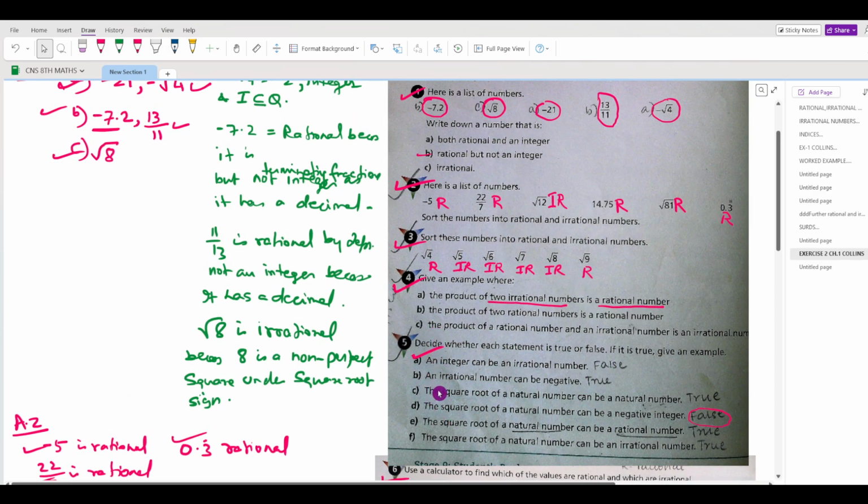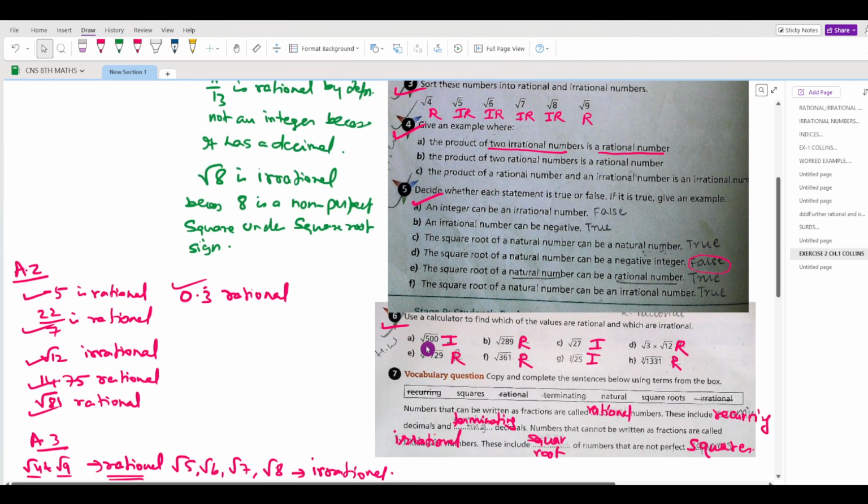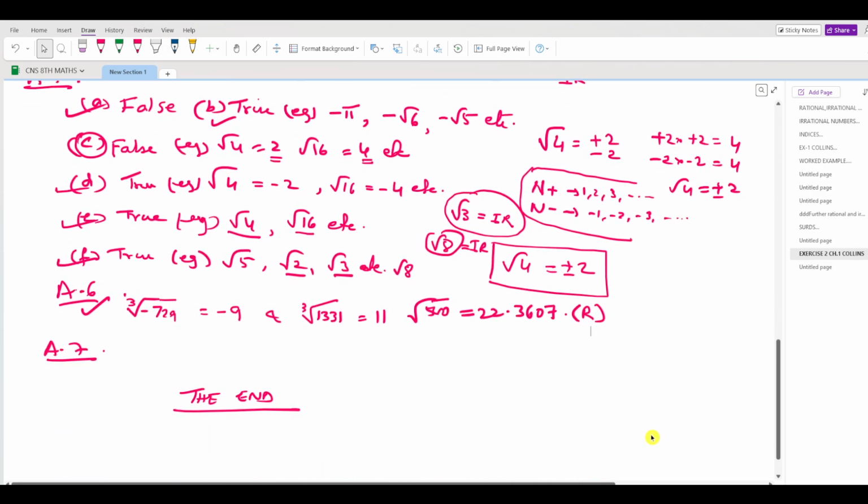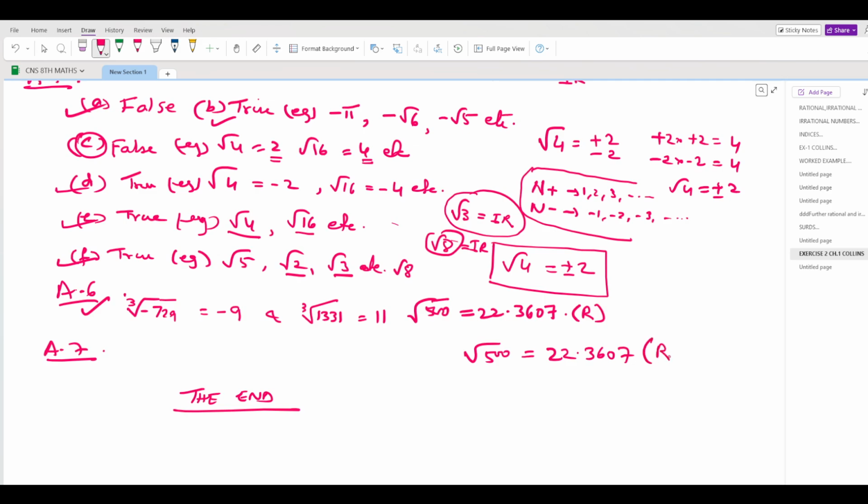Root of 500. This one, root of 500, will be rational, because it works out to a number equivalent to 22.3607. Therefore, it is a rational number. So by calculator, if you find out, it will be rational.